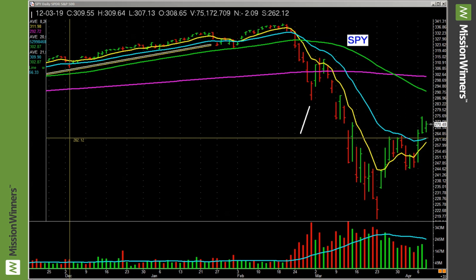So again, we blended it. The 10-period simple and the 5-period exponential moving average line. We worked on the 6-period exponential moving line. We worked on the 7-period, the 8-period, the 9-period, the 10-period exponential. We contrasted it with the 10-period simple, the 9-period simple, 8-period simple, 7 simple, 6 simple, 5.